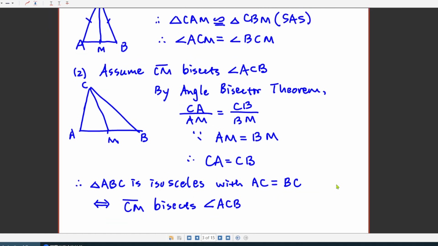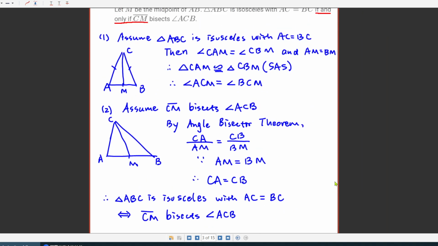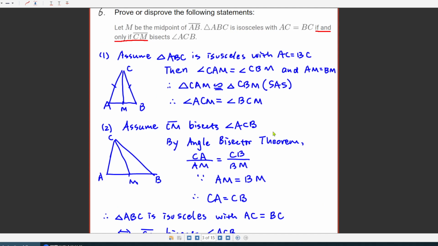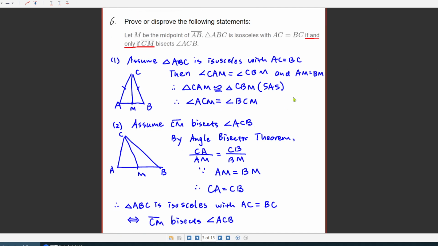Remember, if you want to prove an if and only if statement is true, you need to prove both directions. Okay, have a look at the solution here and let me know if you finish, okay?